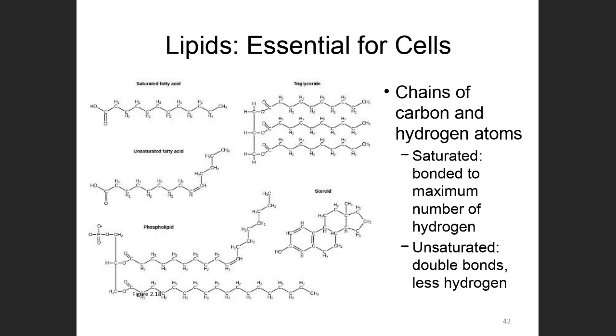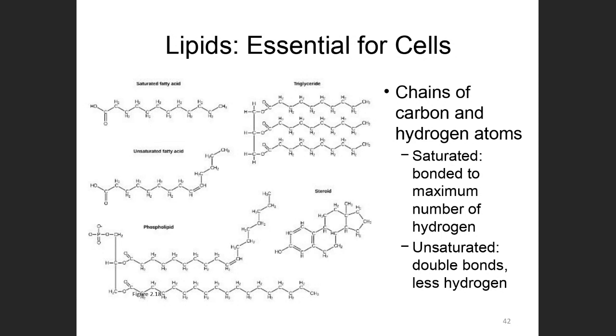So a lipid is a chain of carbon and hydrogen with some oxygen as well. It's very similar to the formulas for carbohydrates. They're just made differently, right? Things are put in different orders, and it makes it a lipid instead of a carbohydrate.